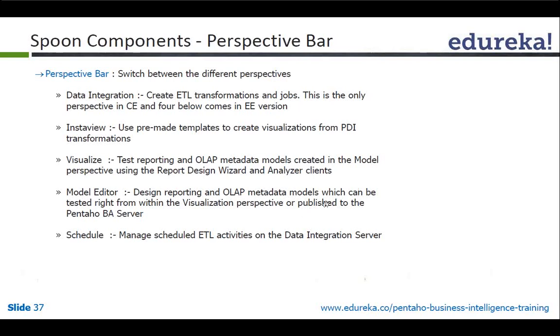You come up with the modeling architecture, the logical modeling, and then design your jobs and transformations based on that. You can publish this model on the BA server from PDI. That's the feature available in EE. The scheduling we have already seen. This feature comes in EE, and you can schedule the jobs, whereas in community edition you can schedule them using command line utilities.